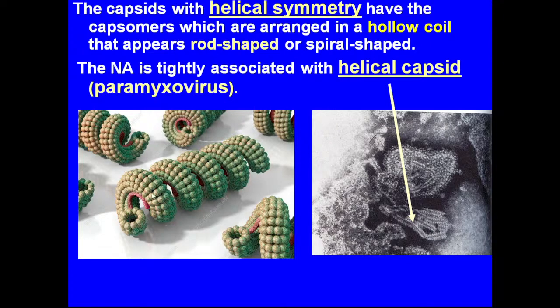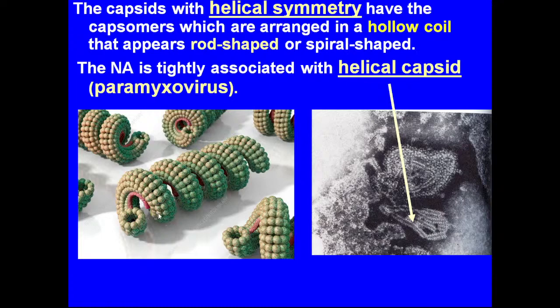The green ones here are capsomers that are arranged in a hollow core coil, and inside this core we have the nucleic acid. Here it is shown in pink, right? So it appears that the capsomers are tightly fixed with the nucleic acid.